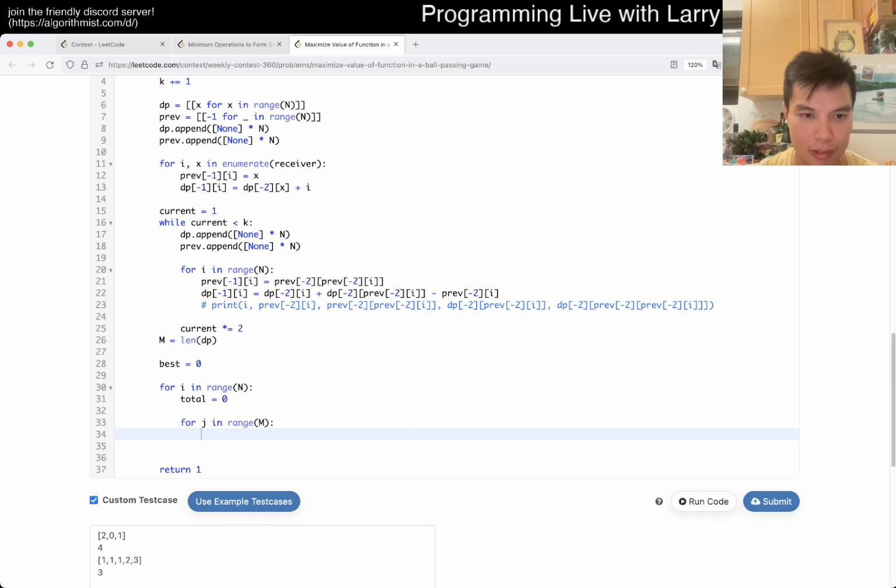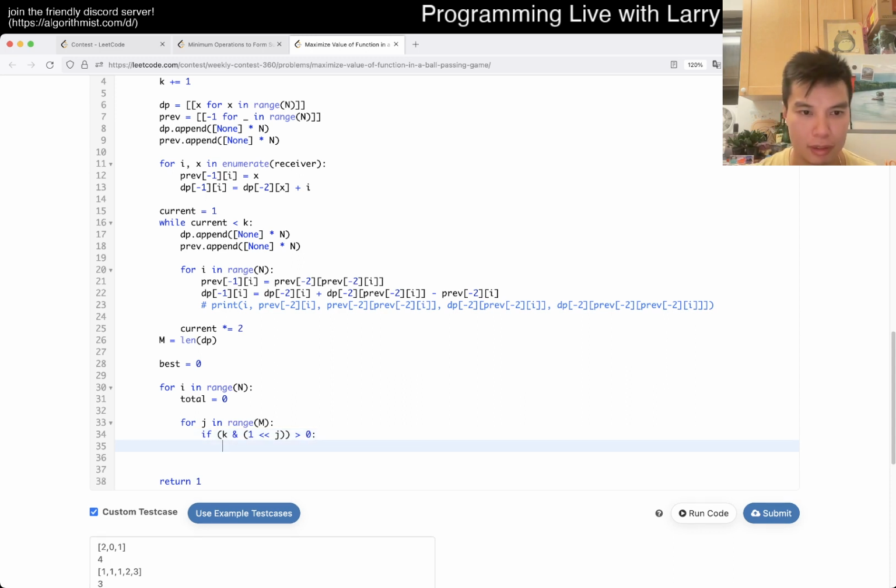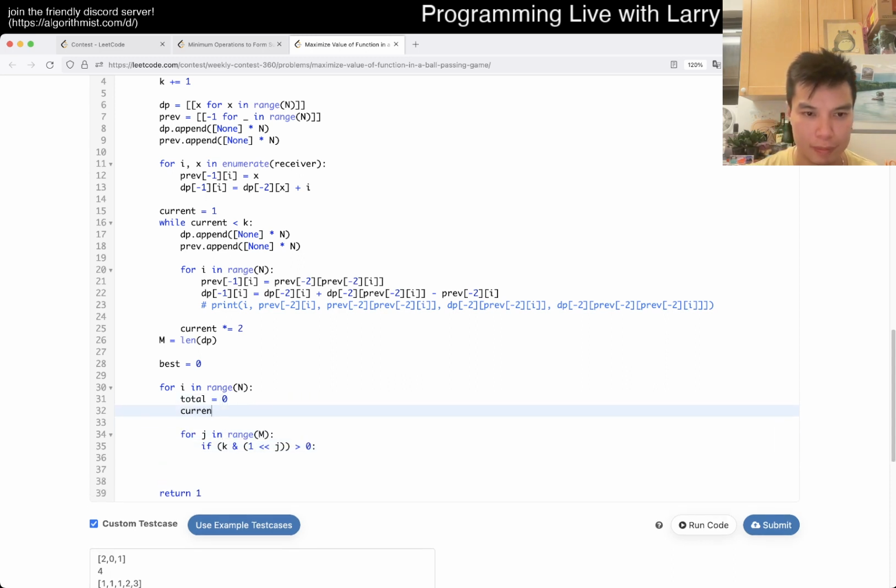Okay, so we start 0 if, okay, then now current is equal to previous of, so we want one number.